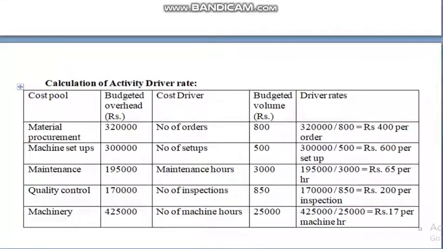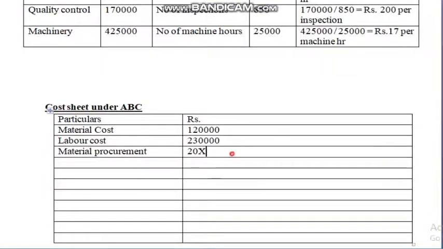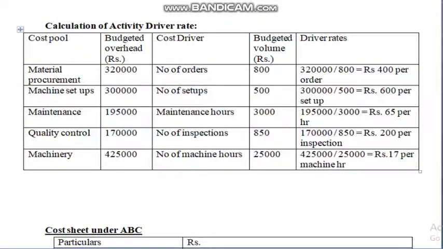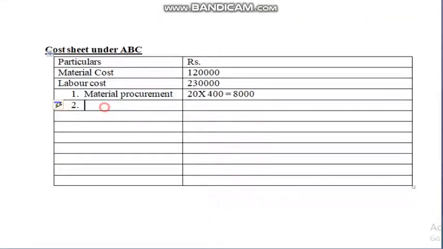Cost per order is rupees 400. Now the cost of material procurement will be 20 multiplied by 400, that is 8,000. This is the first activity cost. The second one, what's the second one? Machine setup.